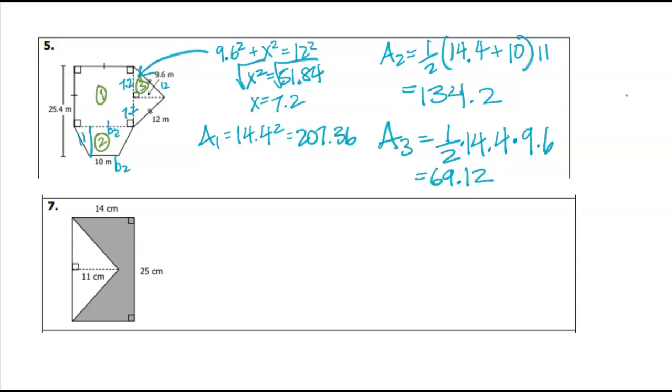All right, and then finally my area, I will add them all together. So I'm going to have 207.36 plus 134.2 plus 69.12.